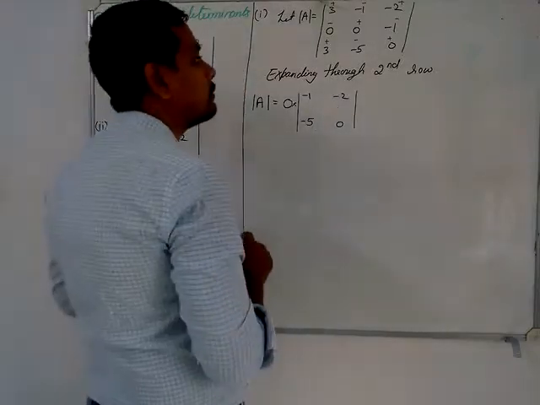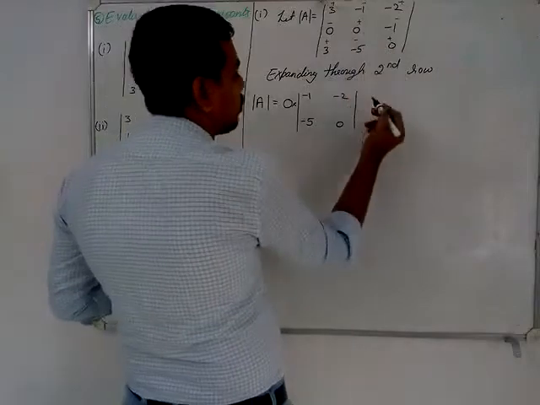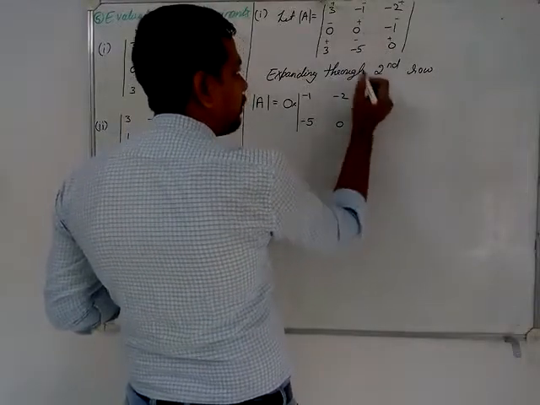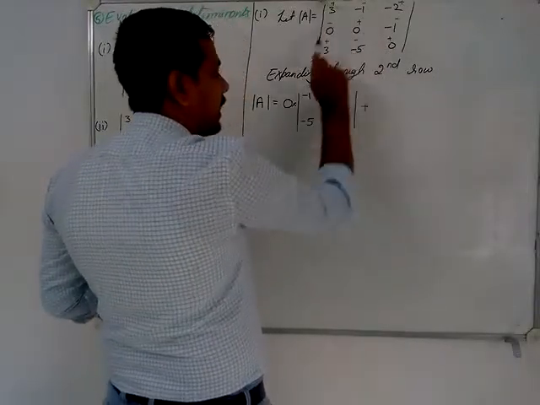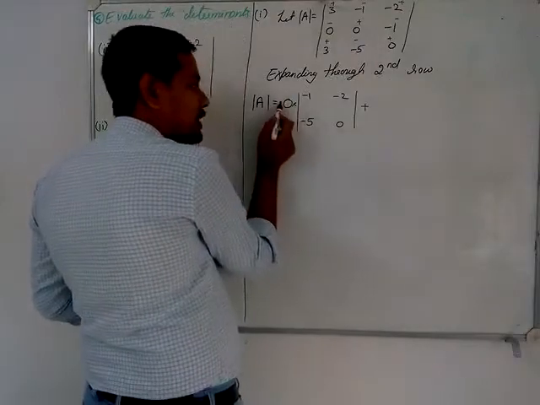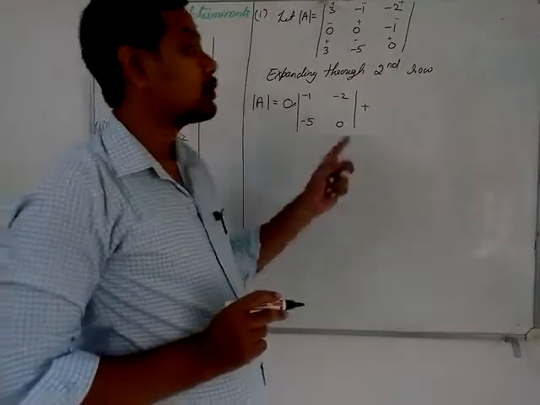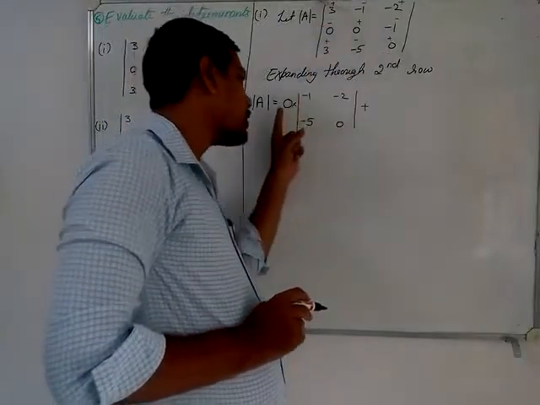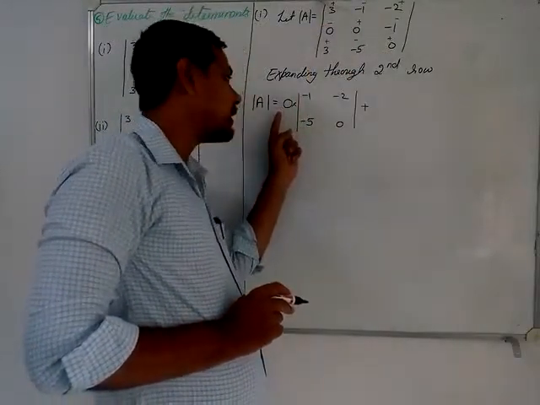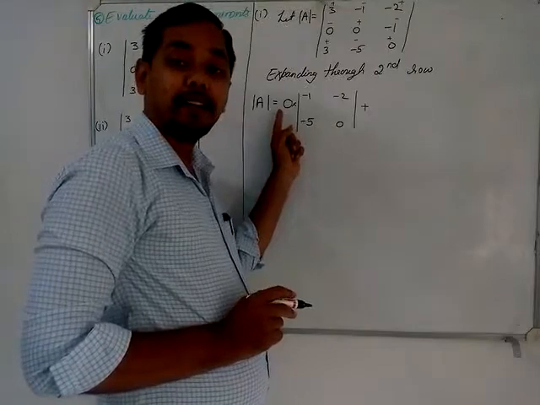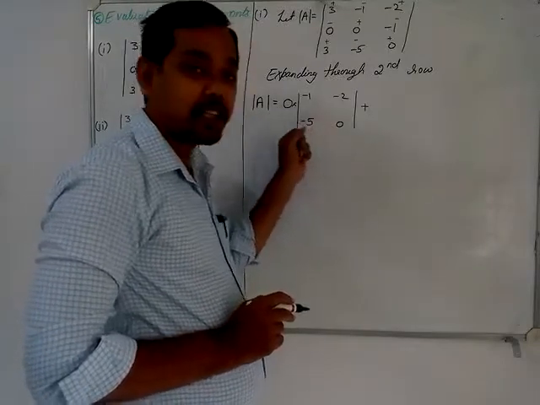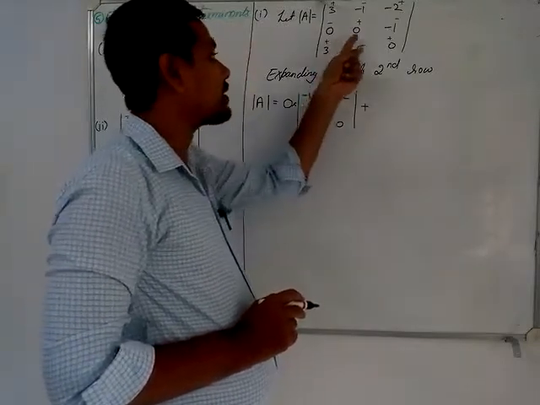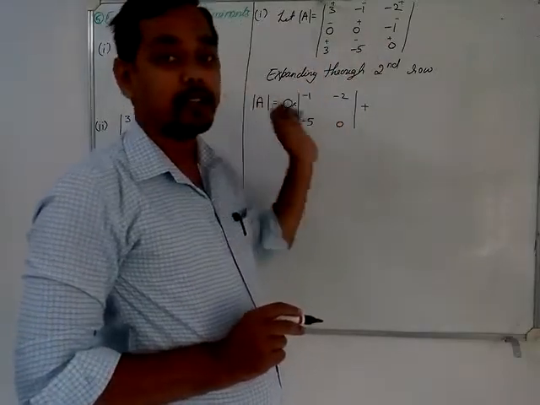Then next is plus 0. These symbols are the sign conventions, and they should be considered only while writing the outside elements, not the inside elements. For inside elements, whatever sign they carry should be written.